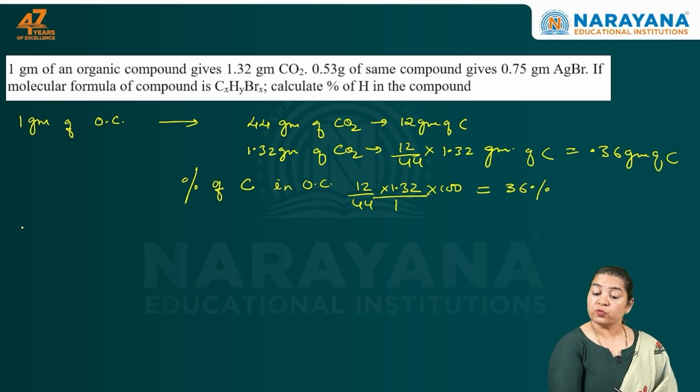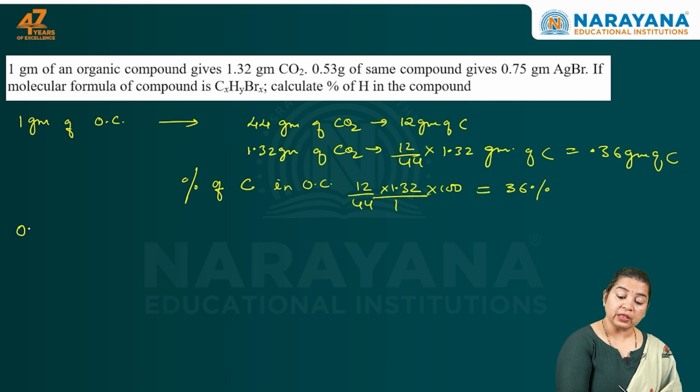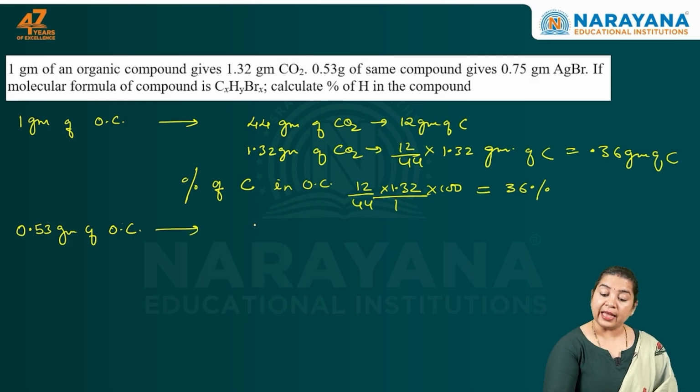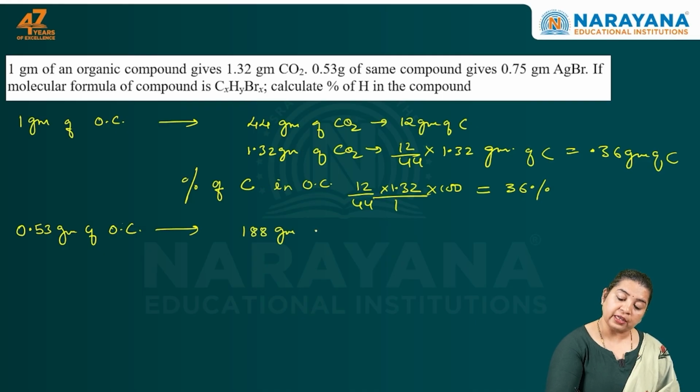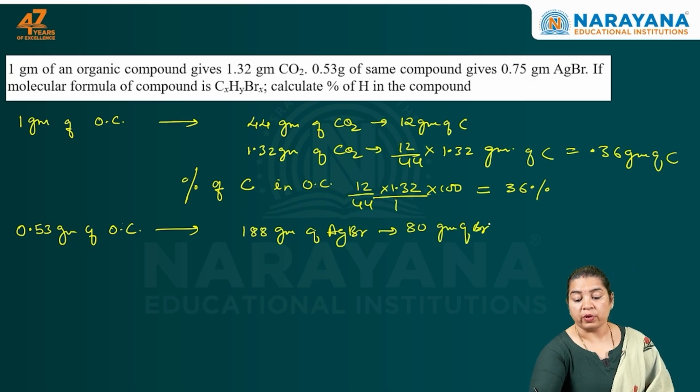Now let us move to bromine. For bromine the data is 0.53 gram of organic compound. In that, what is calculated? 0.75 grams of AgBr. Okay, so let us calculate bromine in it. If it was 188 grams of AgBr, then 80 grams of bromine was there.